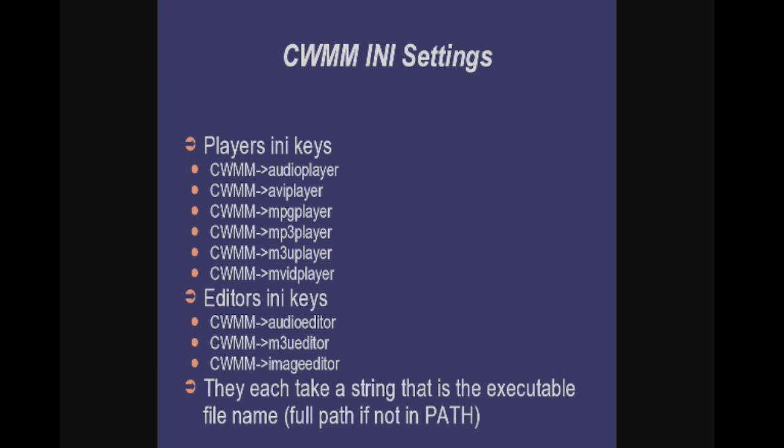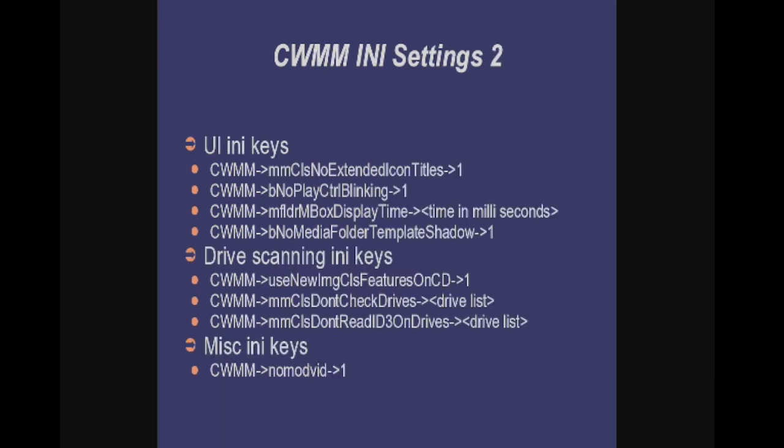One note on that, well, I'll get to that later. It's on another slide. And the editors are self-explanatory, and all of those just take full paths. Or you can just use the exe name if the file is in the path.